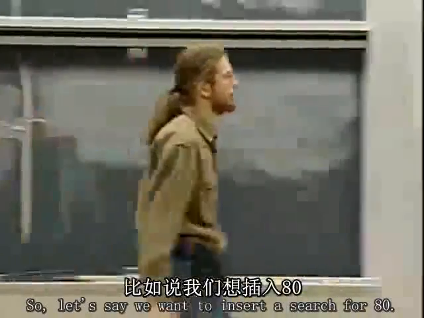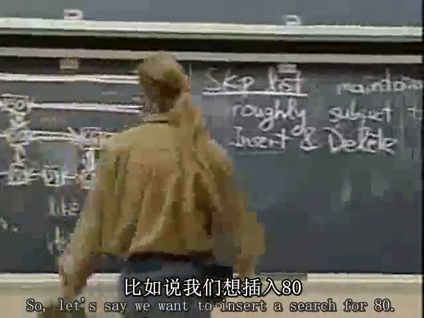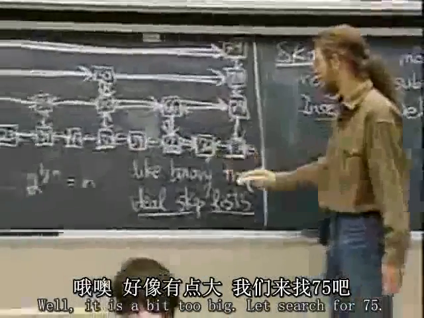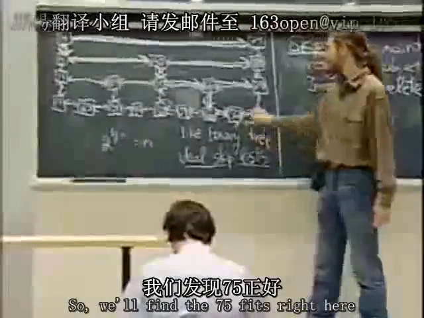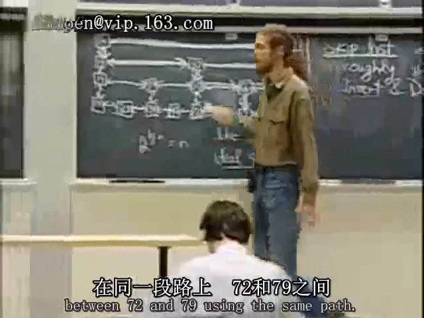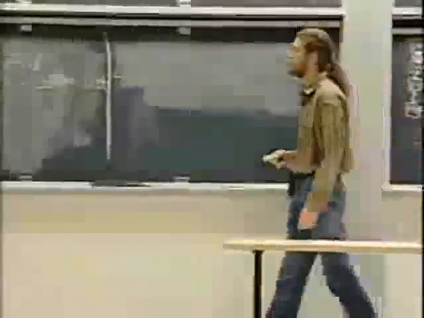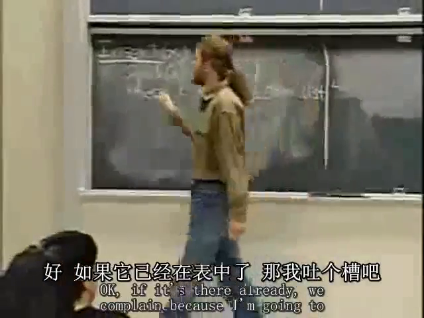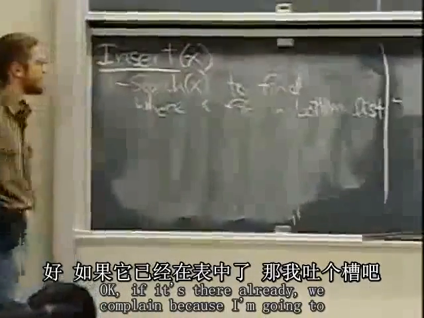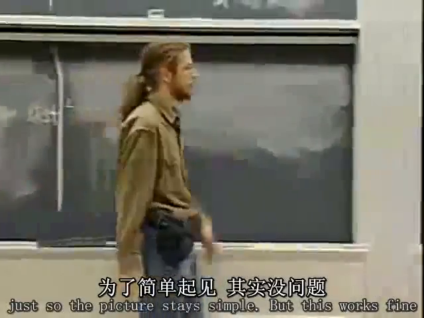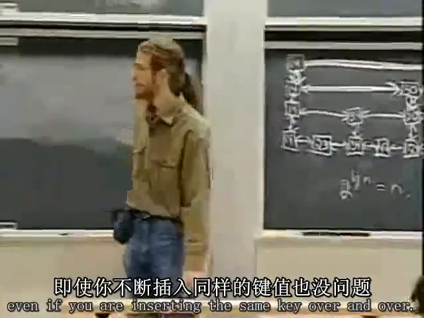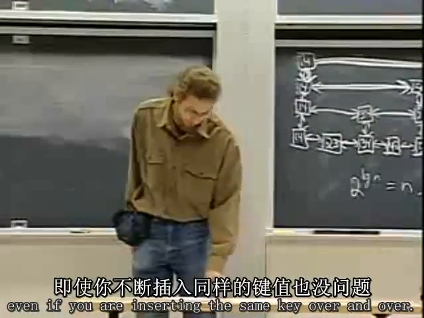So let's say we want to insert 75. We search for 75, and we'll find that 75 fits right here between 72 and 79 using the same path. Okay, if it's there already, we complain. I'm going to assume all keys are distinct for now, just so the pictures stay simple. But this works fine even if you're inserting the same key over and over.